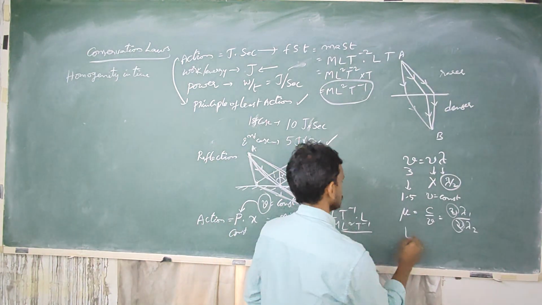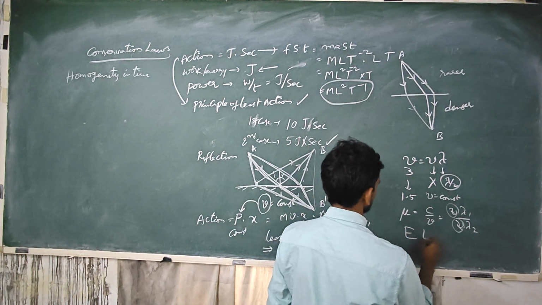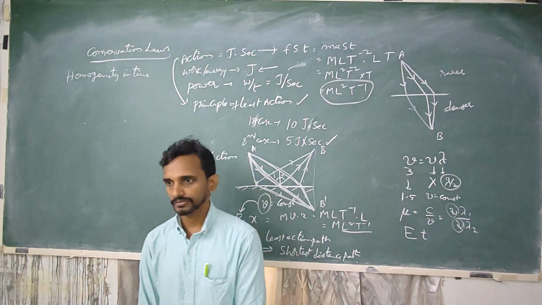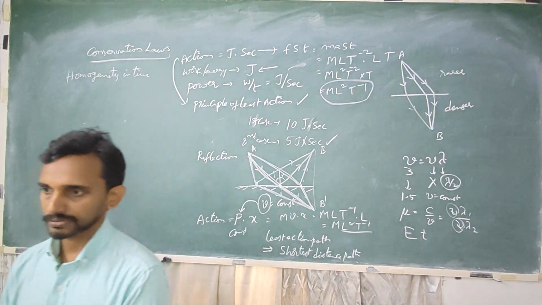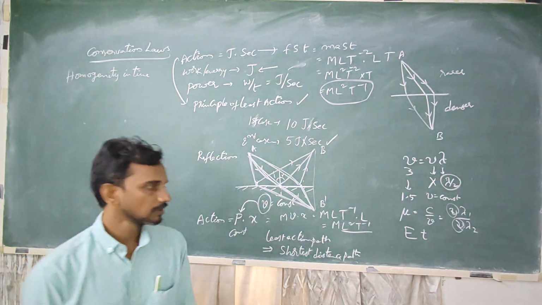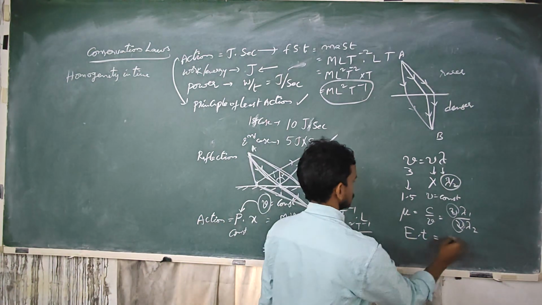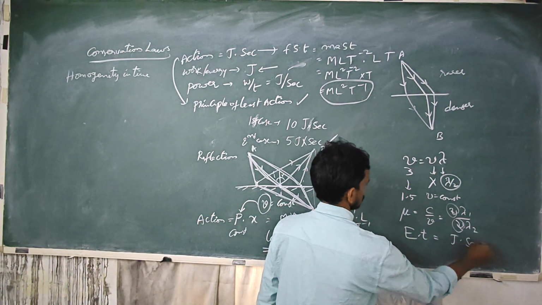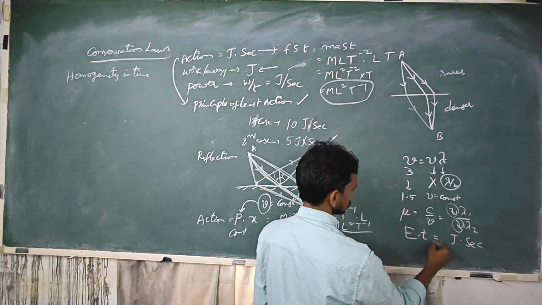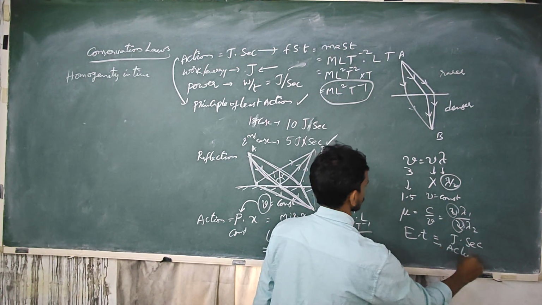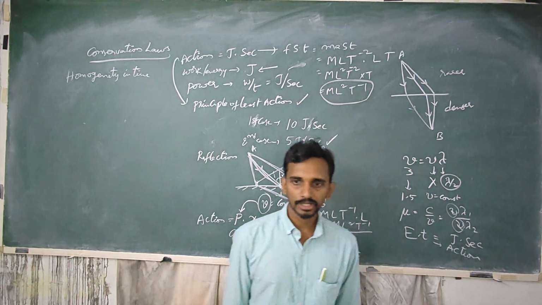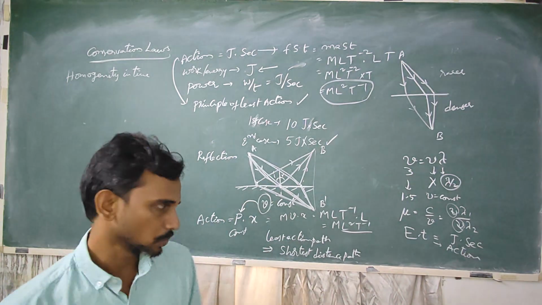So if you see energy and time, the product of energy and time has the dimensions and units of joule seconds. So this is action, and we can write energy as h nu.